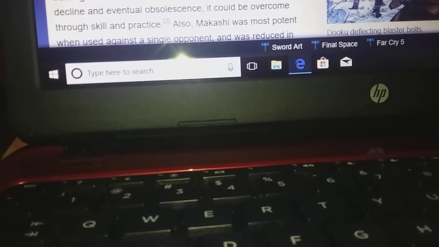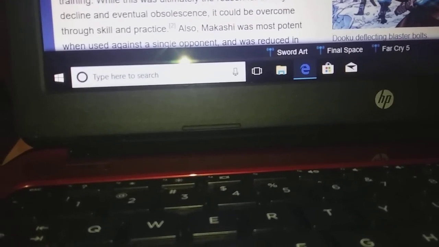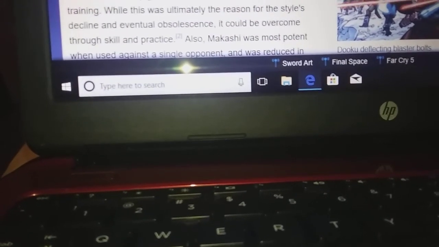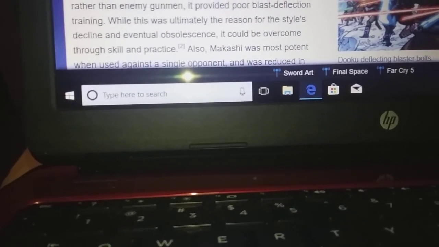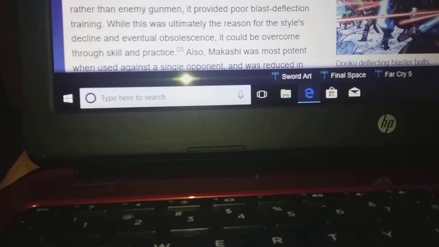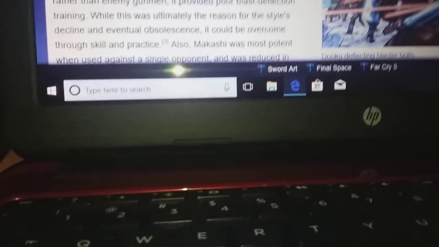A true Makashi duelist, according to Count Dooku, also trained themselves to avoid enslavement to form. As such, devotion opened the practitioner to be defeated by unpredictable tactics, what Count Dooku dubbed the unforeseen.